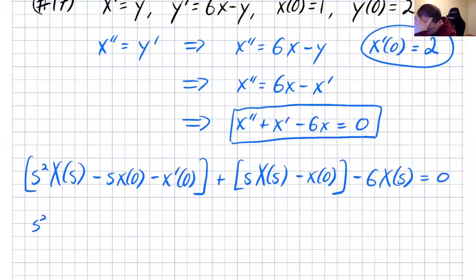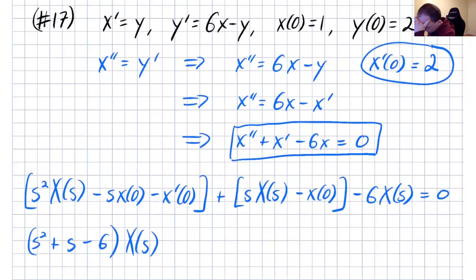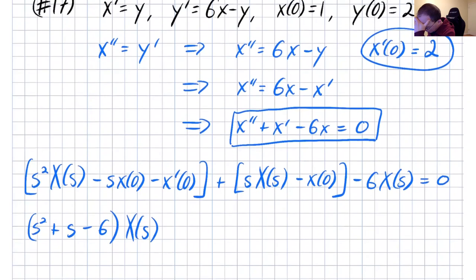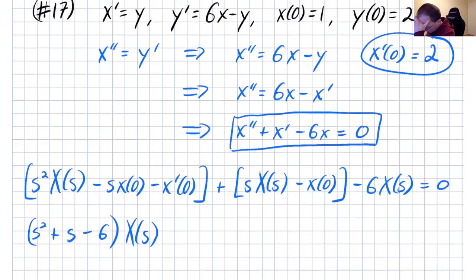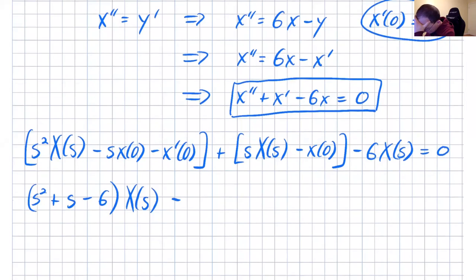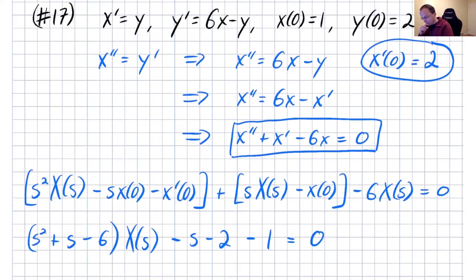Okay, so collecting all the X of s terms together, we get this. And then x of 0 is 1, x prime of 0 is 2. So there it is.